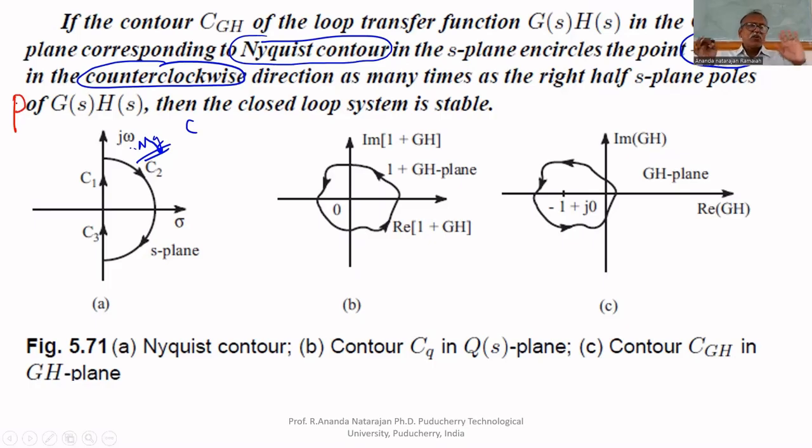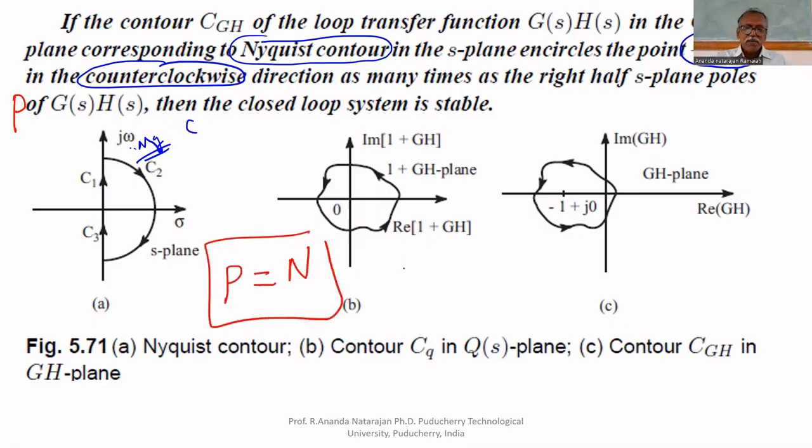So N must be equal to P. This way also you can remember. In the last case, P equal to 2, N also equal to 2, therefore Z equal to 0. So P must be equal to N. That way also you can remember.